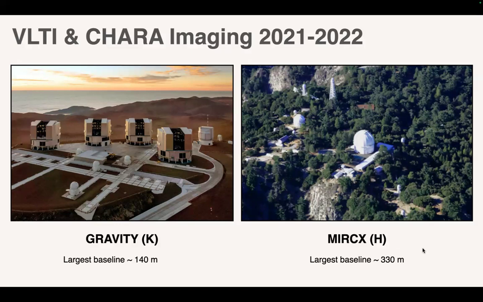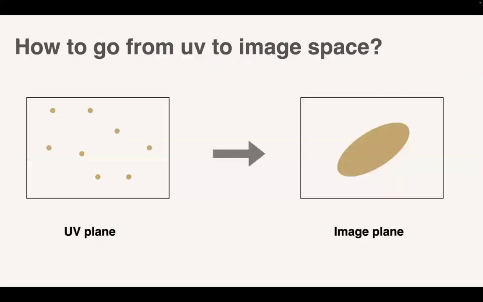The advantage of using CHARA is that the longest baseline on CHARA is about 3 times larger than the longest baseline on the VLTI. So the larger your baseline is, again, think of the interferometer as one giant telescope, the larger the baseline, the larger the telescope, the better your resolution.